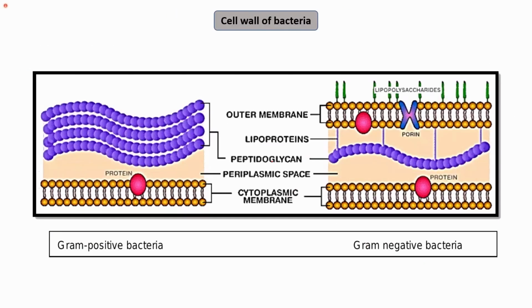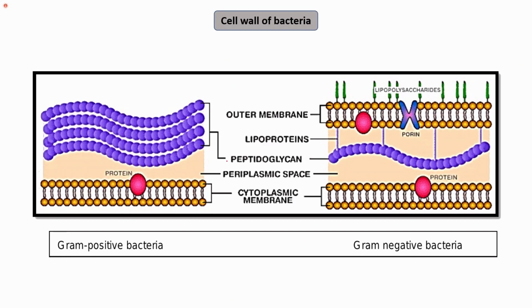Now I was talking about these cells, about gram-positive and gram-negative bacteria. So we can clearly see that in gram-positive bacteria, we have a peptidoglycan layer, right?